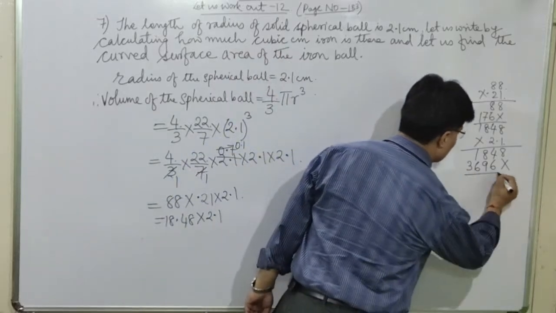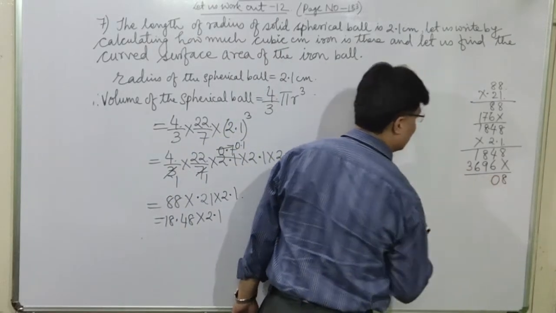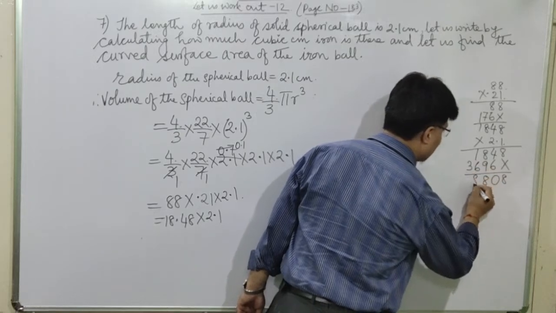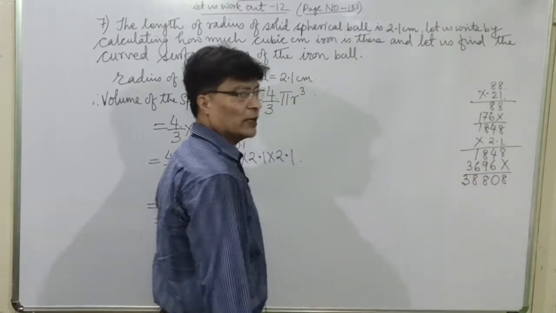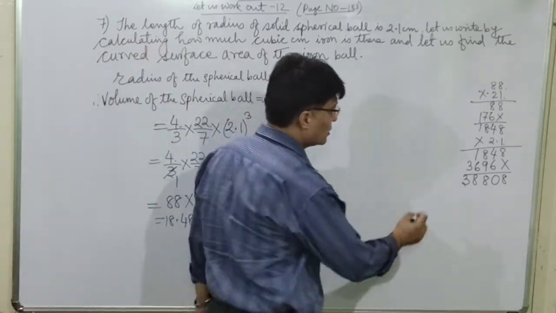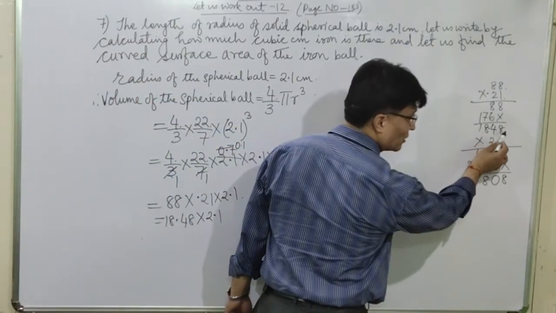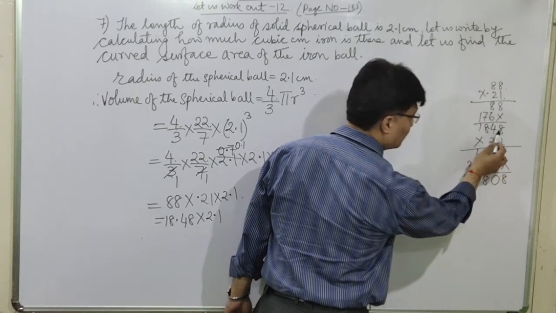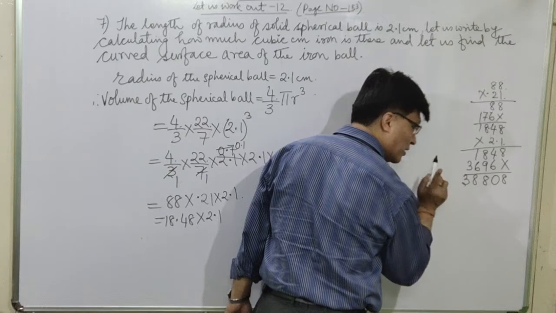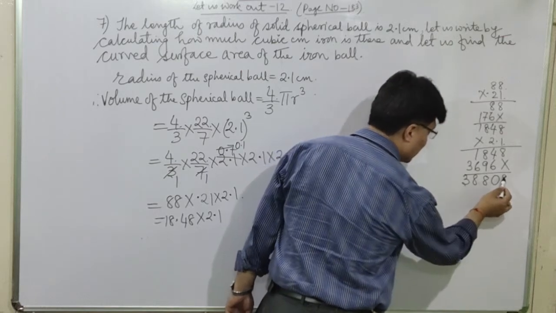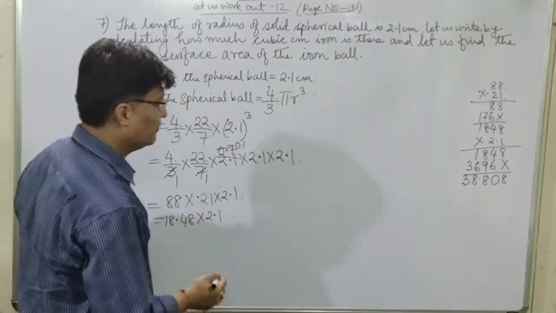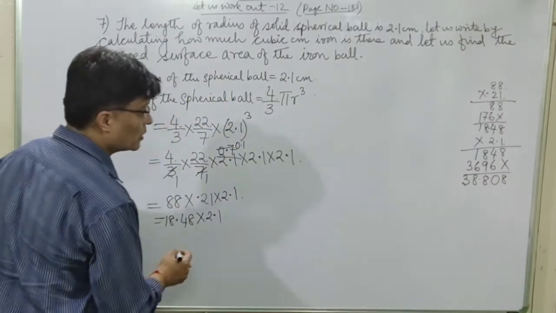So which is equal to this is your 8, 10, 9 plus 9 is 18, 8, 1, 8, 3. So now in this case where will you write down the decimal point? So after decimal point here there are two figures, after decimal point there is one figure, 2 plus 1 is 3, so you have to write down decimal point before three figures right from the end. 1, 2, 3, so decimal point comes out here.